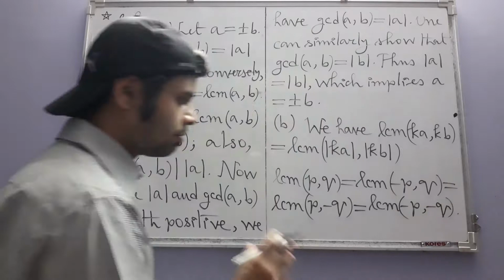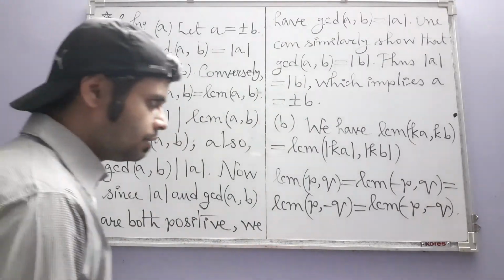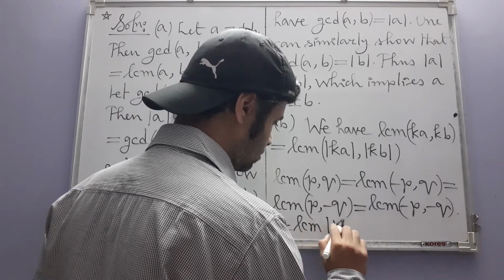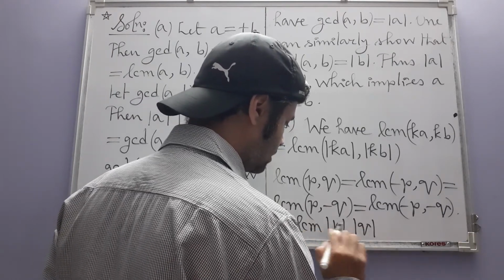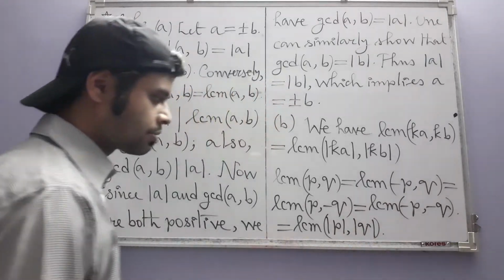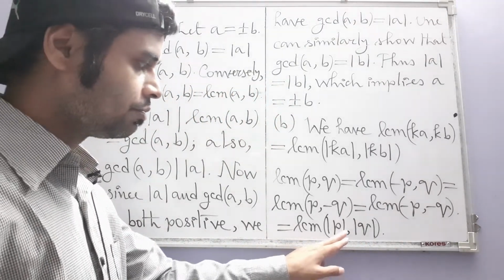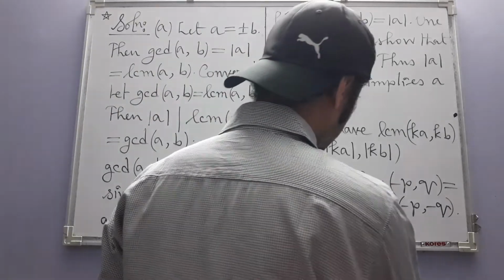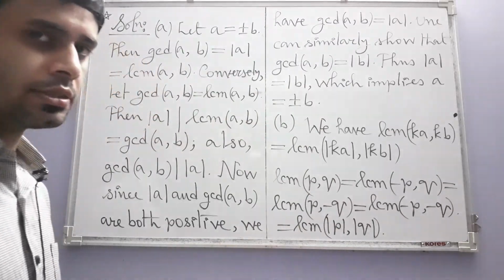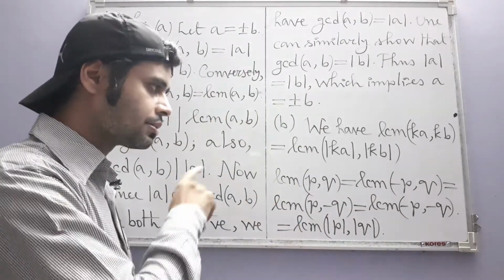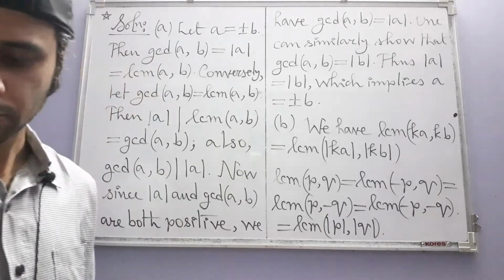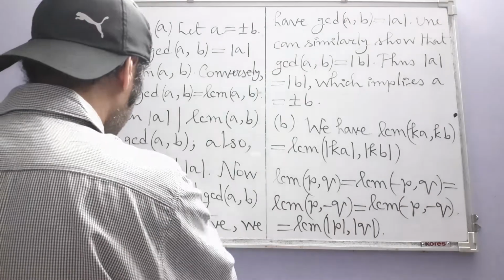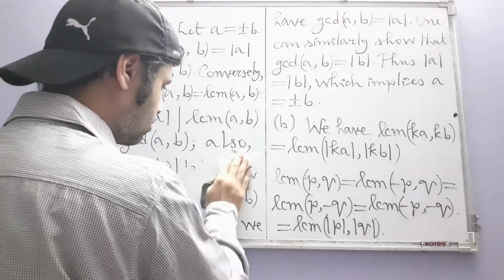So it does not matter what signs they have. In general, we can just simply write this. What type of integers they originally are does not matter. We can replace them with their positive counterparts. Similar things are also there for GCD, because we already discussed this in a previous number theory video, so I am not going to say anything more on this. We just continue to use it.